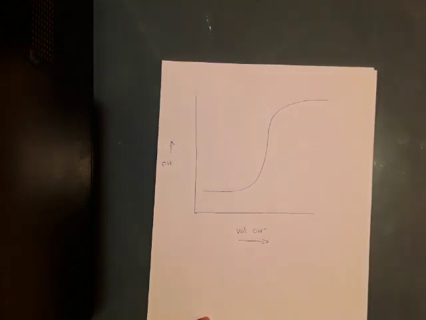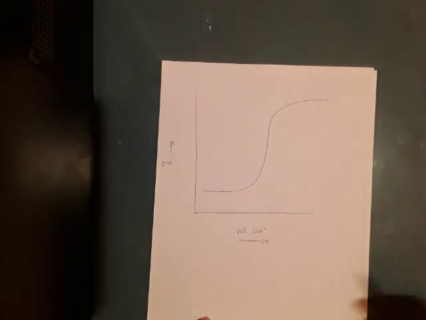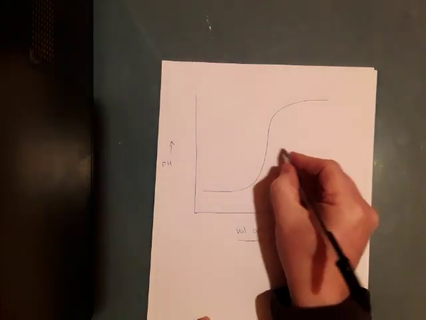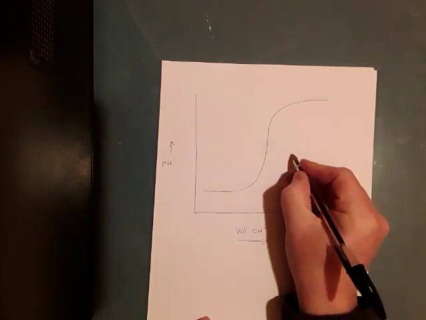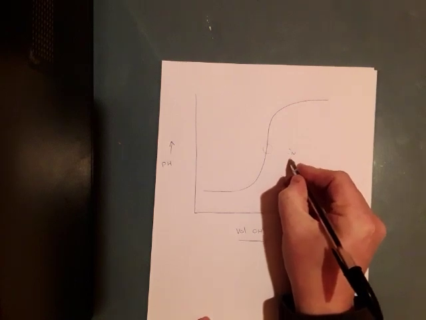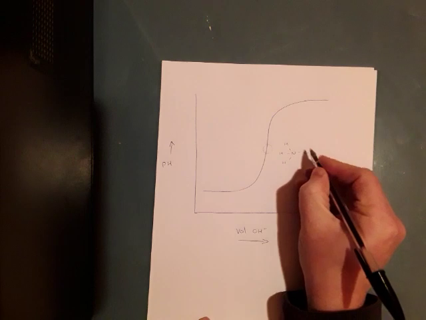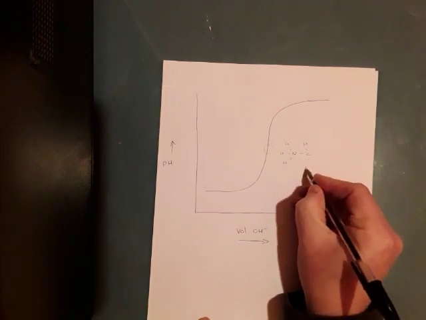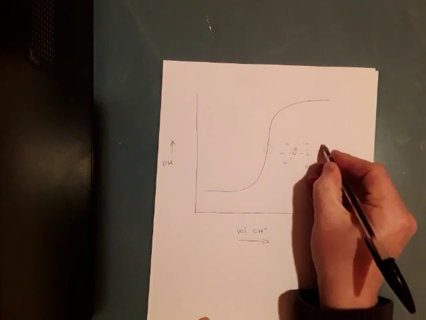It varies depending on the type of amino acid and the side groups as well. At this point here, I'm just going to choose a kind of midpoint, and this is where we would find the zwitterion. Remembering to put my charges on.